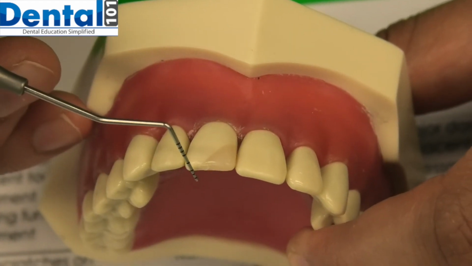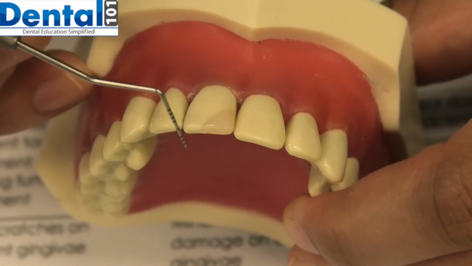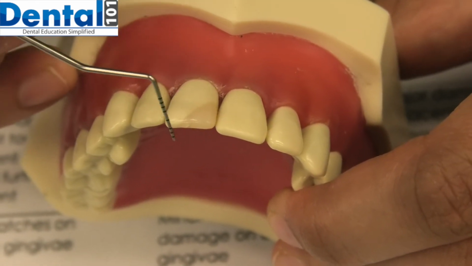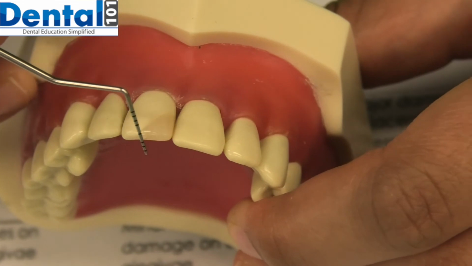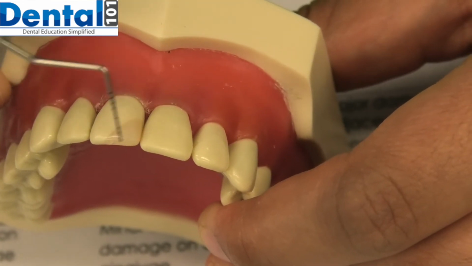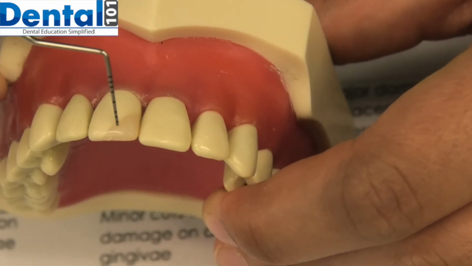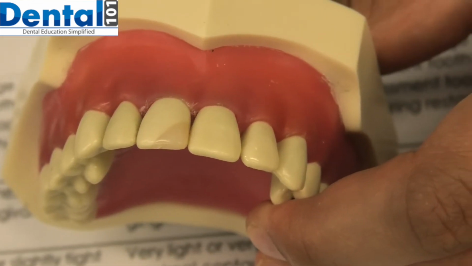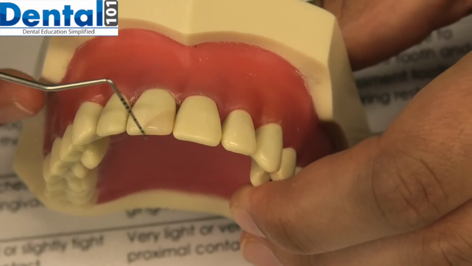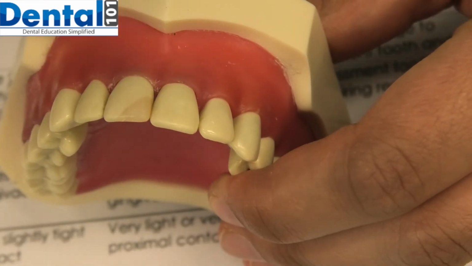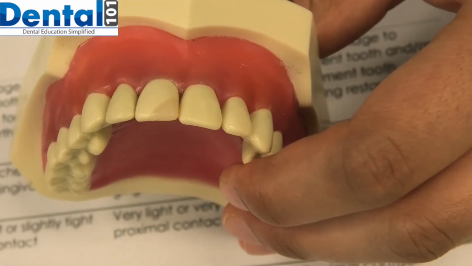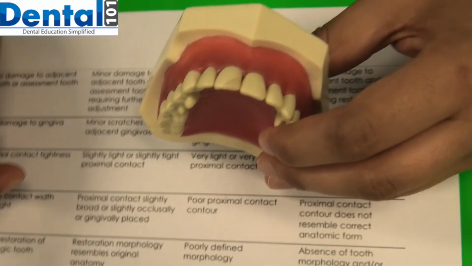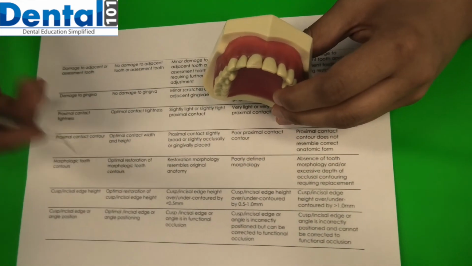If the restoration height is more than the tooth structure, or it's under the tooth structure, then it will come under borderline or unsatisfactory. But now, because it's almost at the same level and following the contour, it comes under optimal restoration of cusp or incisal edge height, so it comes under very good.